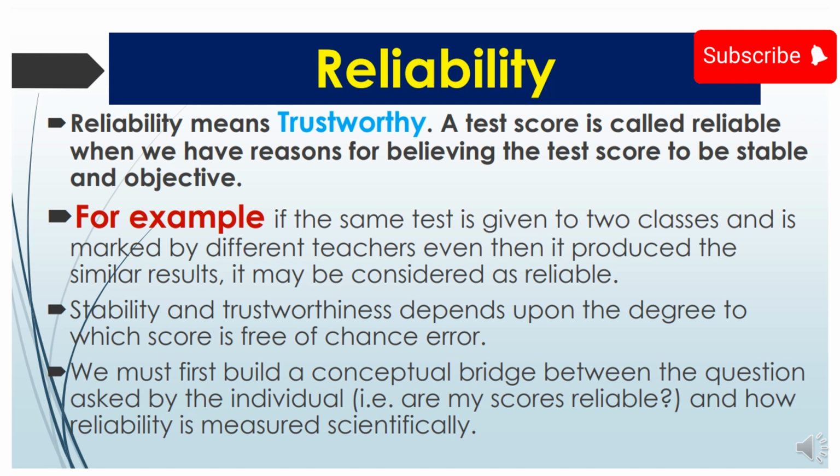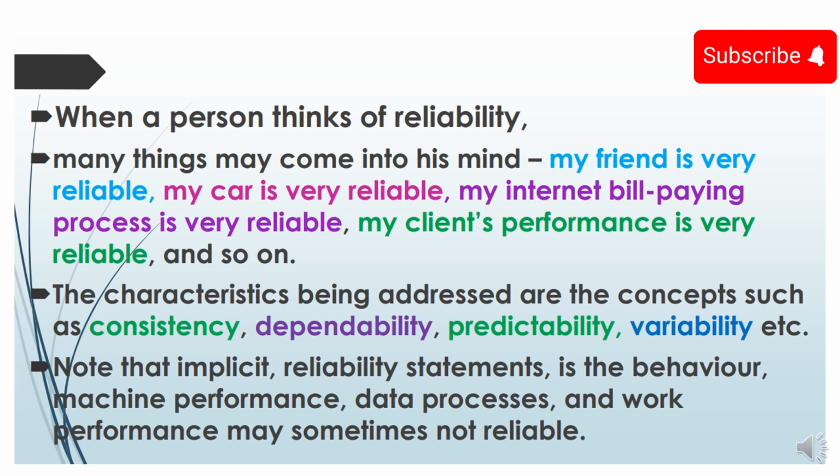We must first build a conceptual bridge between the question asked by the individual, for example, are my scores reliable, and how reliability is measured scientifically. When a person thinks of reliability, many things may come into his mind.